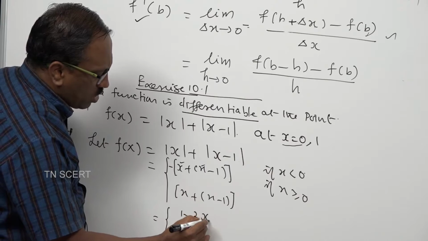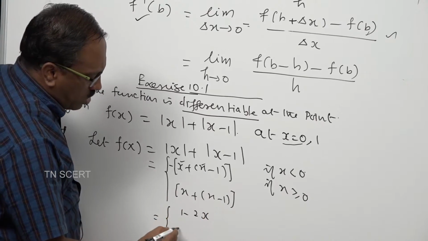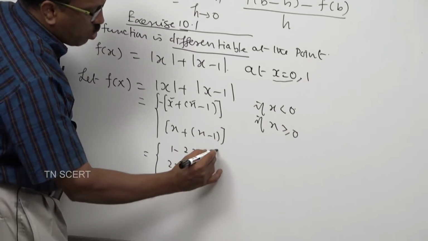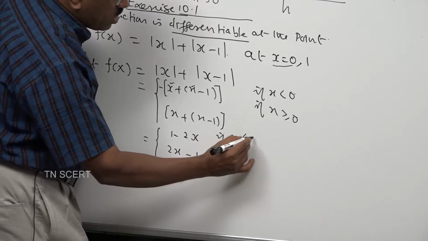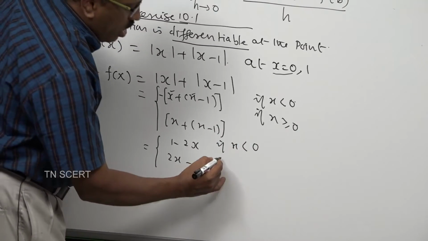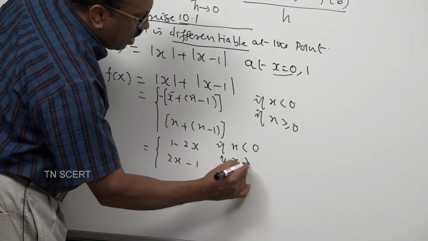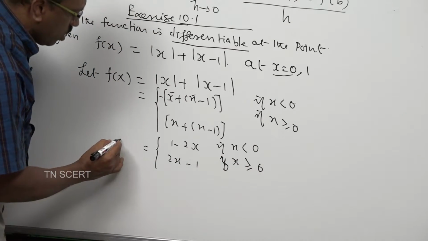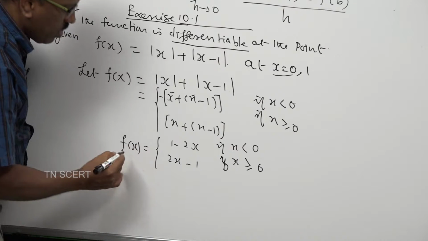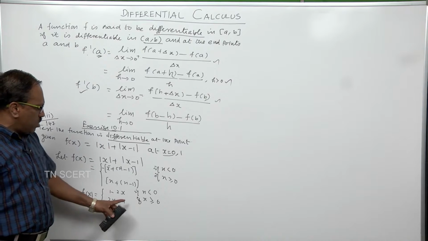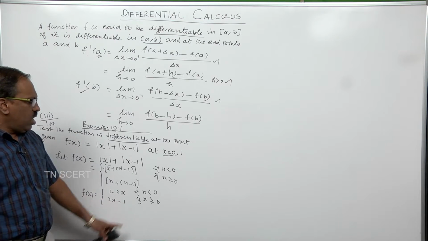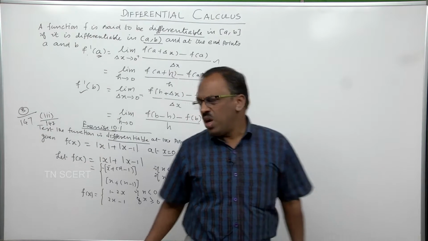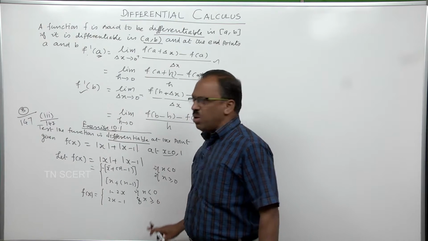Remember that there are two functions: f of x is 1 minus 2x if x less than 0, and 2x minus 1 if x greater than or equal to 0.